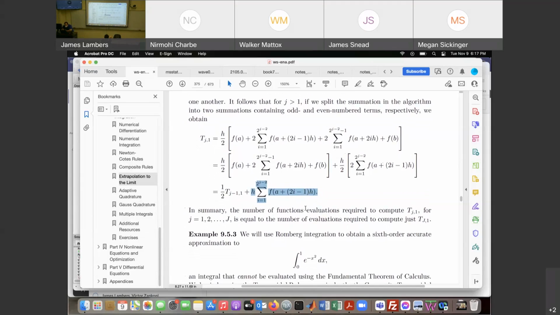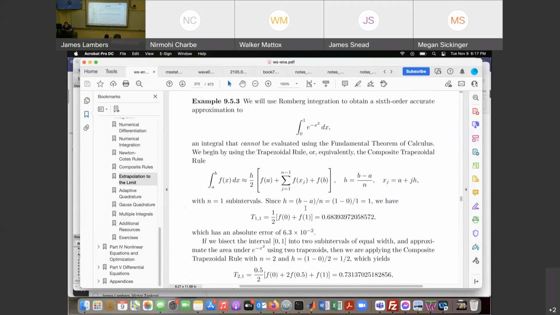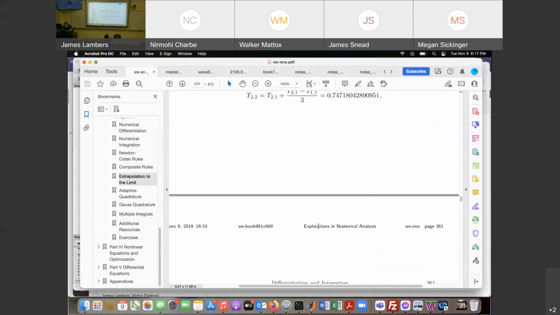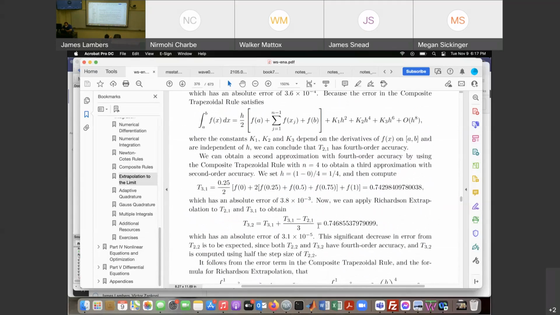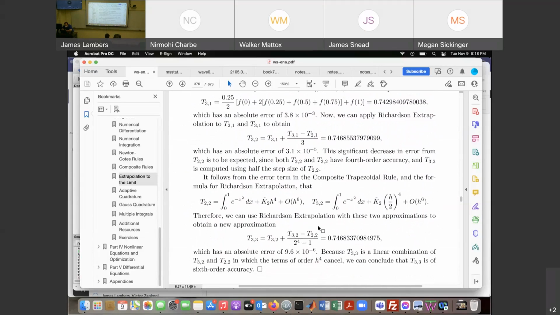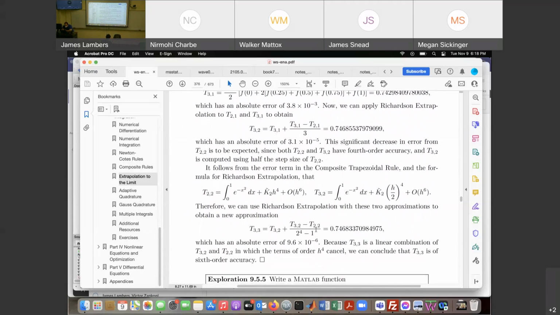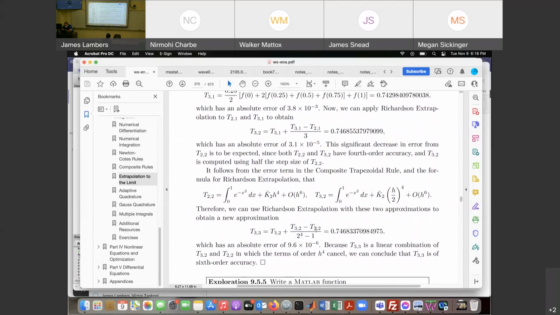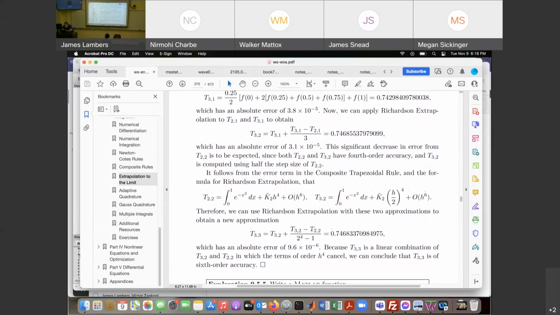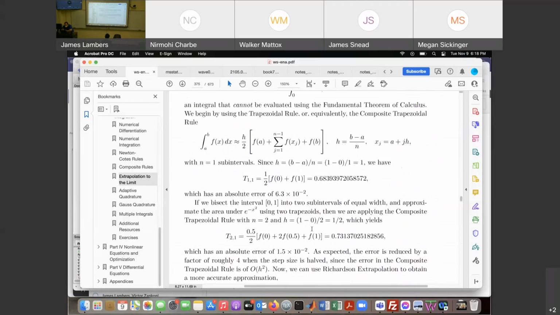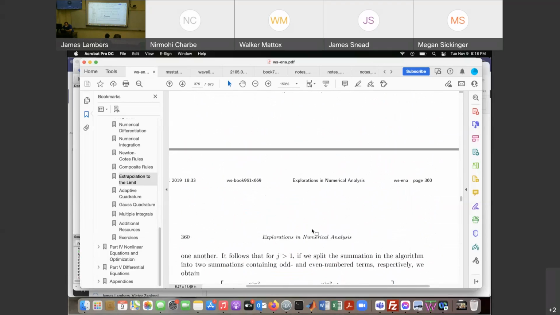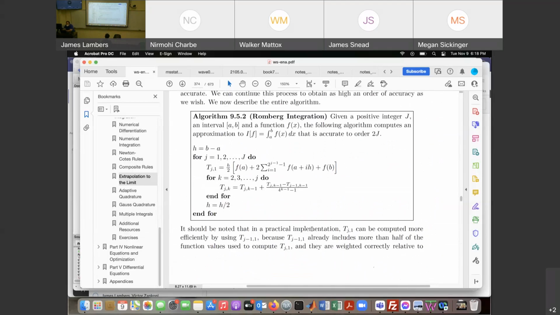All right. Actually, here's the example that I was doing in the notes with this Gaussian integral. Okay. Anyway, questions about Romberg integration and how it works?